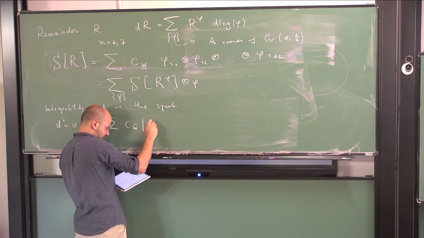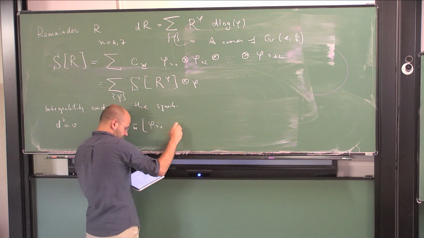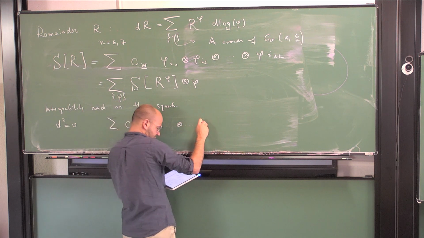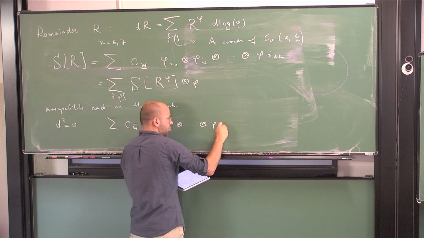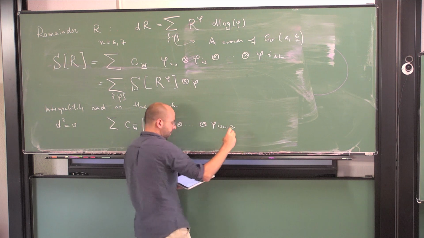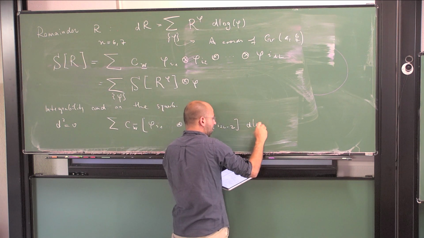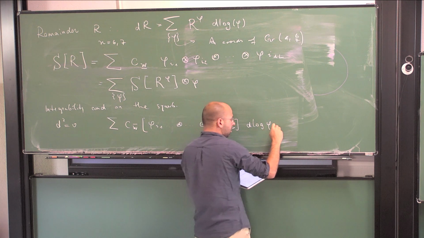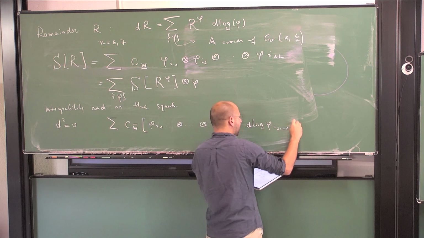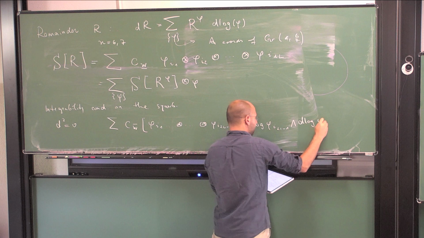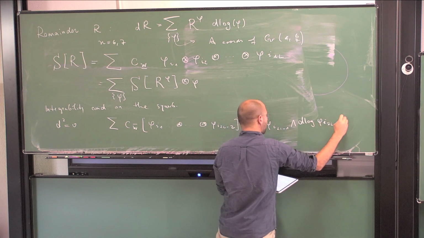So you take the first 2L minus 2 entries, and then replace the final 2 entries with d log phi_{2L-1} wedge d log phi_{2L}.